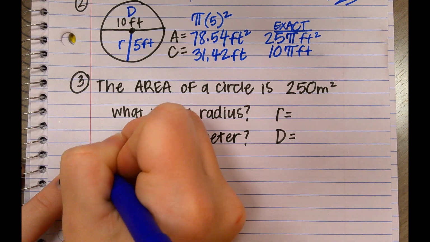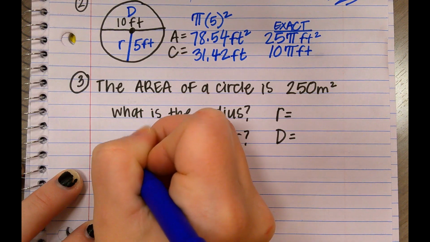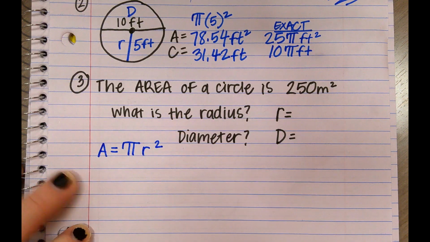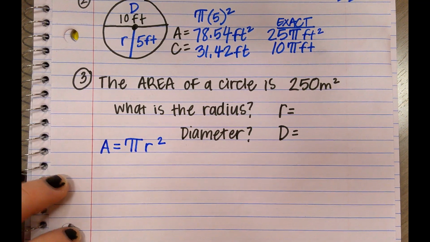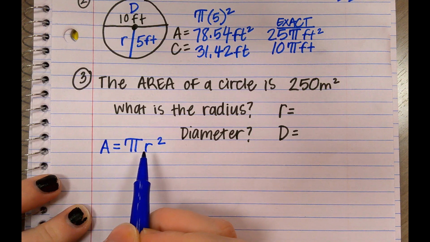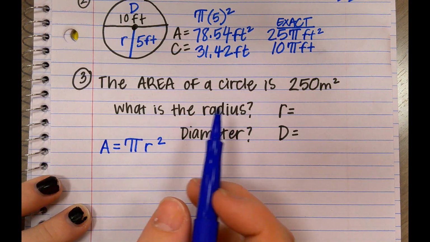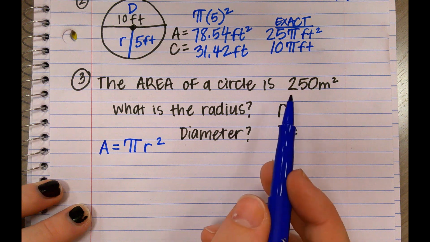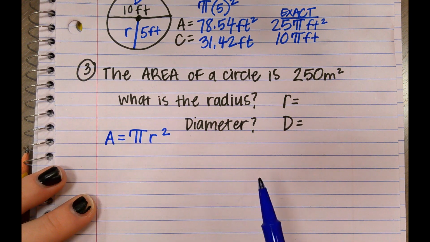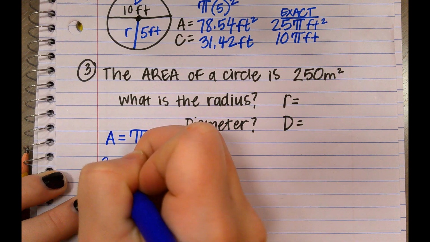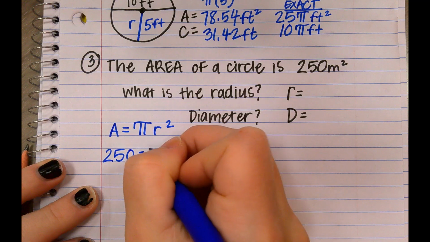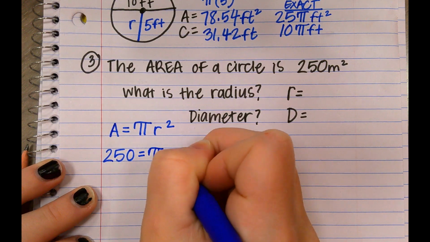I'm going to write A equals pi r squared. And I don't know my radius, but I do know my area, don't I? The area is 250. So why don't we replace A with 250? So I have 250 equals pi r squared.